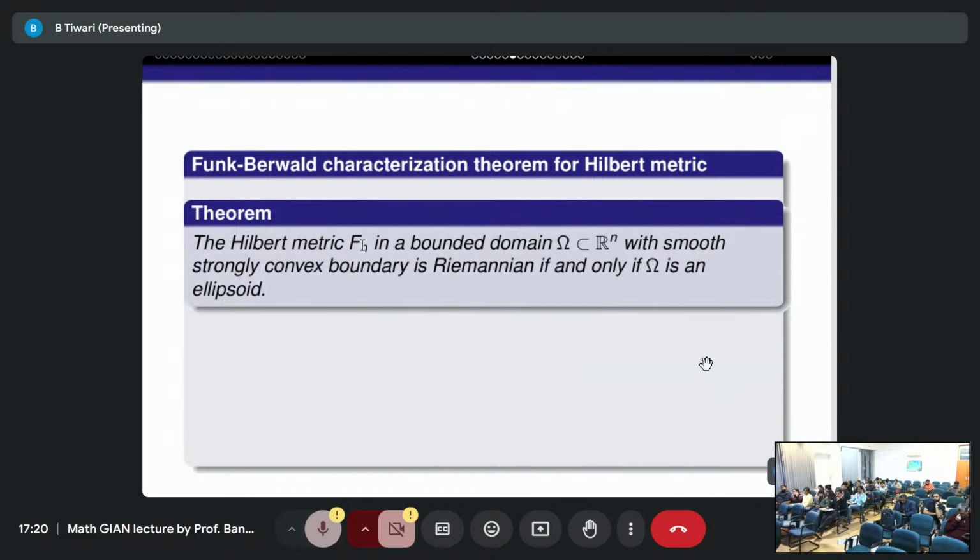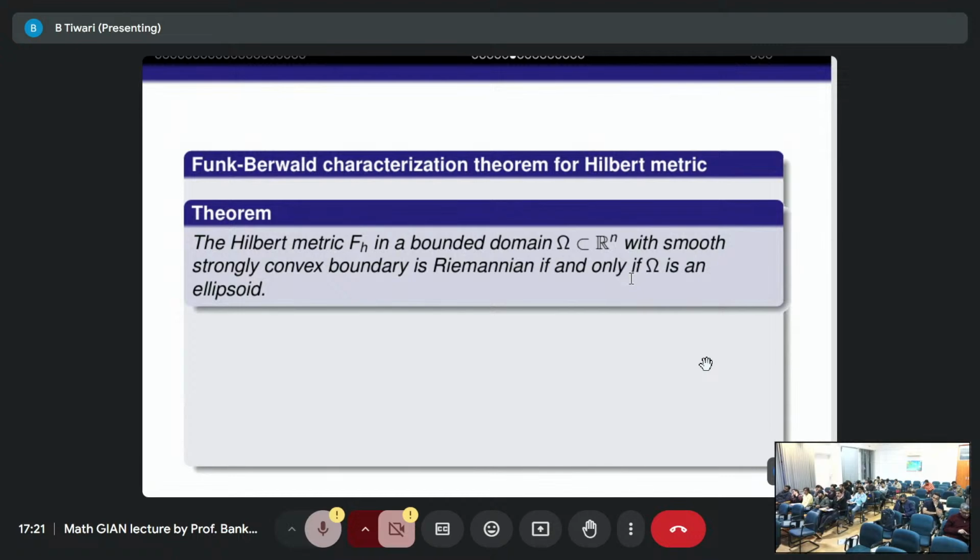So, the Hilbert metric F in a bounded domain omega with a smooth, strongly convex boundary is Riemannian if and only if this omega is an ellipsoid. So, if it is an ellipsoid, so for instance, we just computed for this omega the unit Euclidean ball, right?